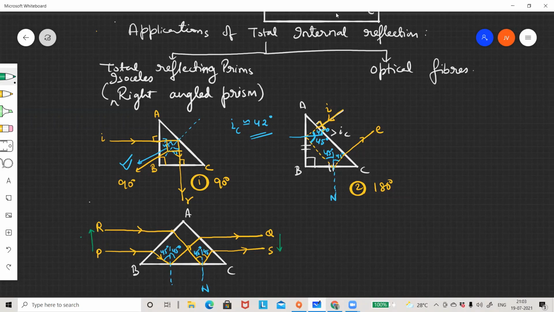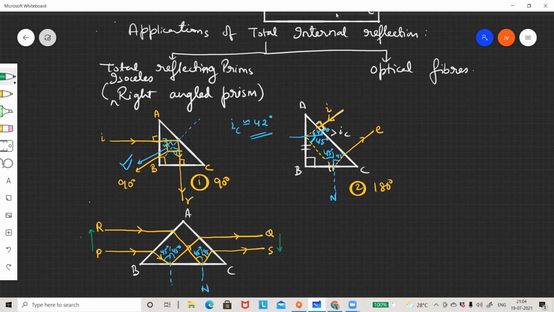That was about total internal reflection and where we use it. Total internal reflection is used in periscopes also. When you were small, you must have seen periscopes where at one end, where we see, there is one plane mirror, and at the other end, where the object is, also one plane mirror.